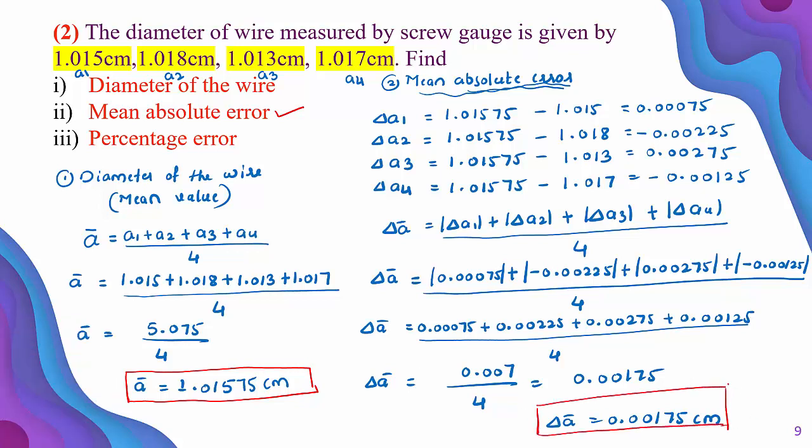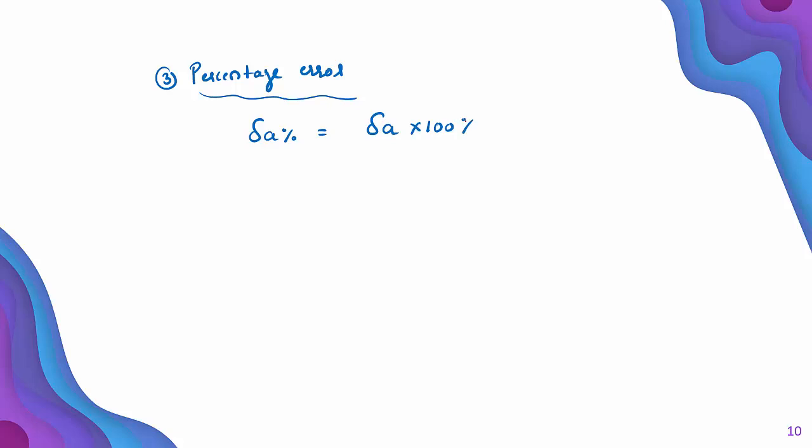Right? Now the third point is percentage error. Here I am going to find percentage error. So how to find percentage error? It is given by the equation delta A percent is equal to delta A into 100%. But we don't know delta A. So delta A means what here?